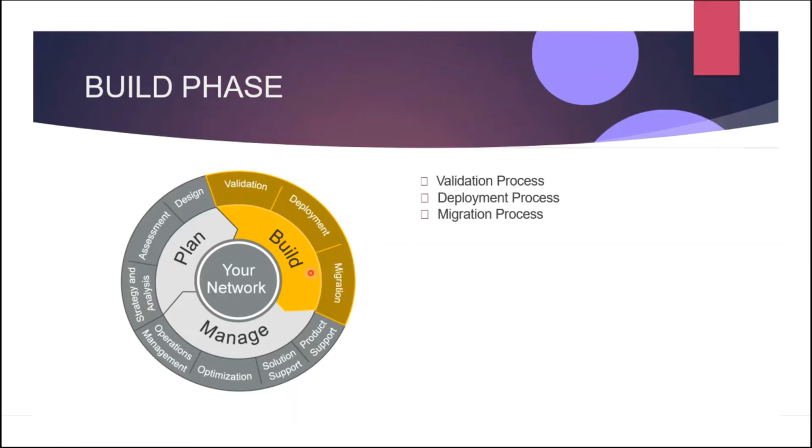So with a build phase, you can use many different implementation methods. Regardless of which method you choose, it is always good to set up a test environment that you will use to simulate different network designs. Using a test environment gives you the ability to find any potential problems which can be resolved before the real implementation.